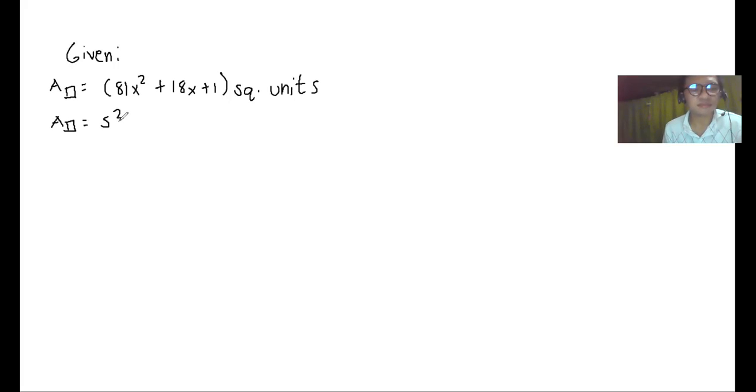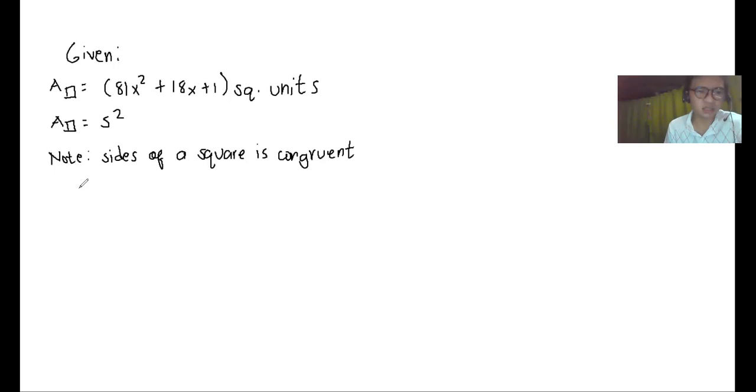Okay? So how will we do this? Let us take note that the sides of a square are congruent to each other.